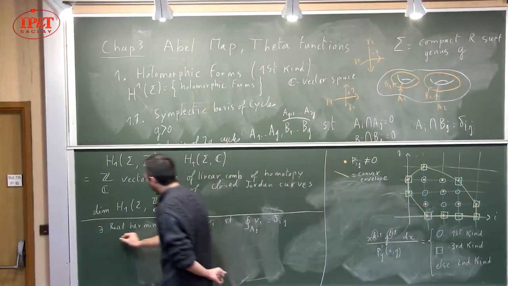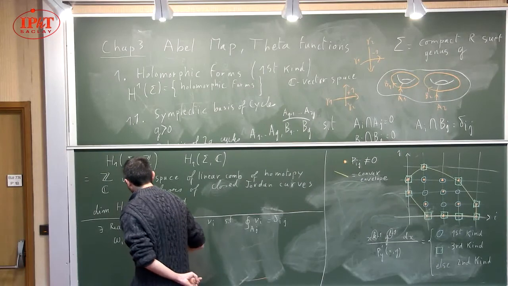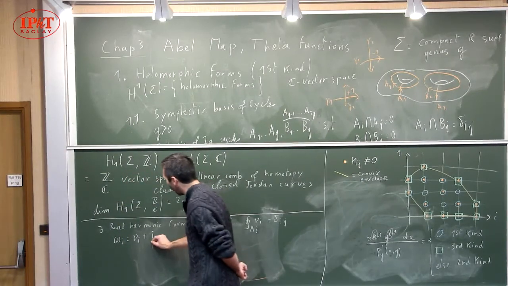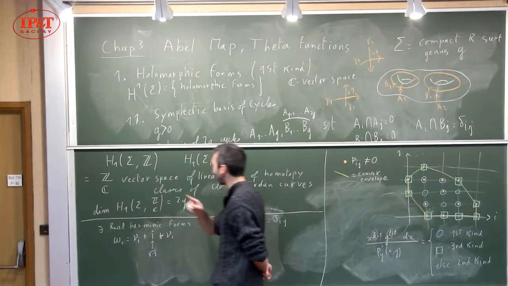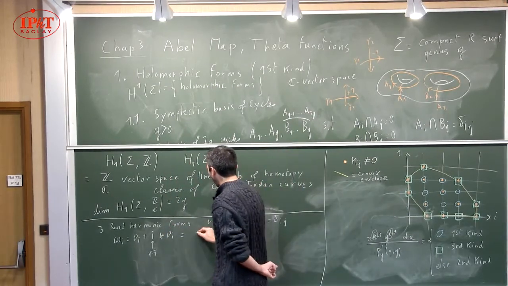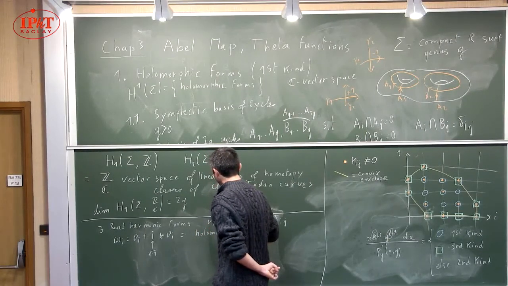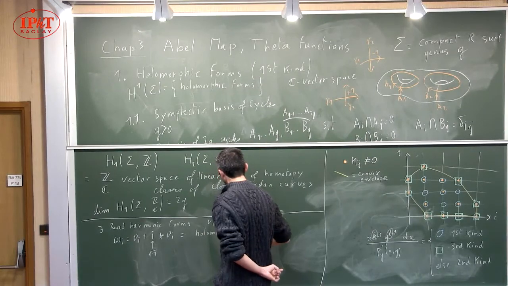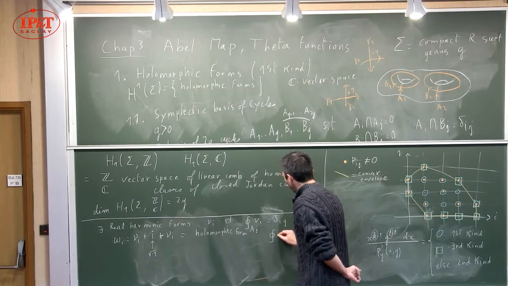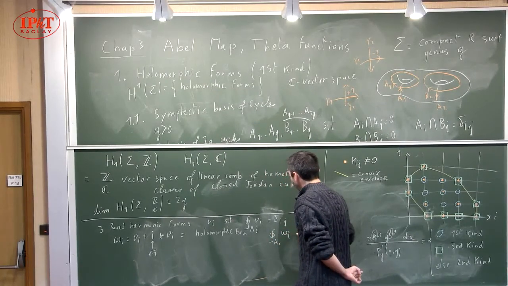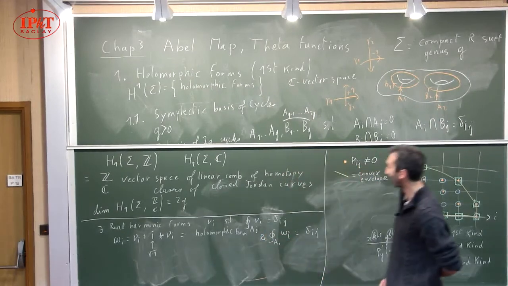And I showed you that omega_i equals mu_i plus i, the square root of minus 1, star mu_i, where star is the Hodge star, is a holomorphic form. It satisfies that the integral over a_i of omega_i is not really delta_ij, it's just the real part of that, which is delta_ij.